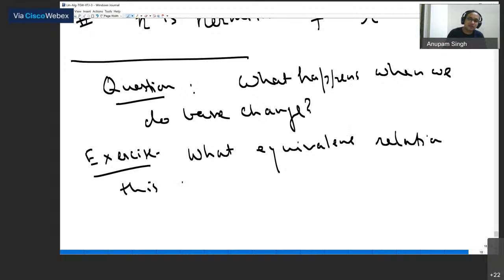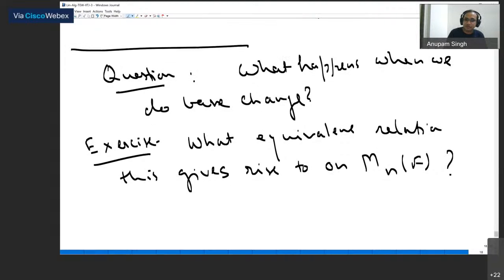So it will give rise to an equivalence relation on M_n(F). And what is the equivalence relation? Figure this out.